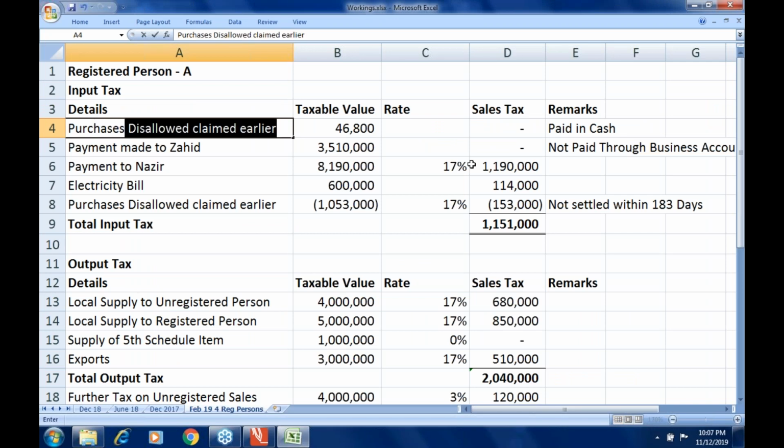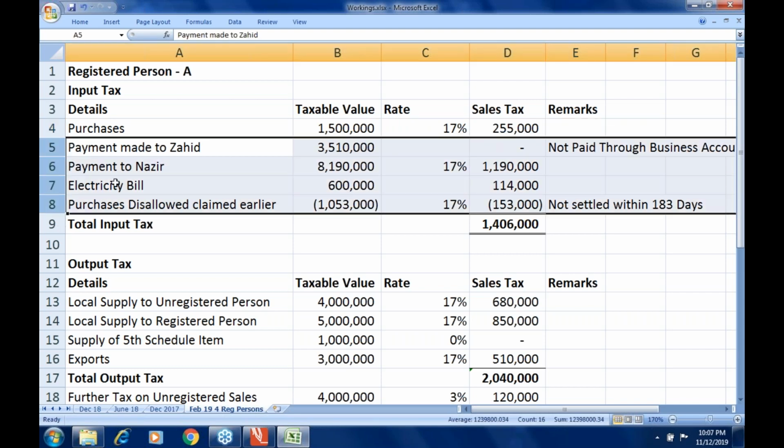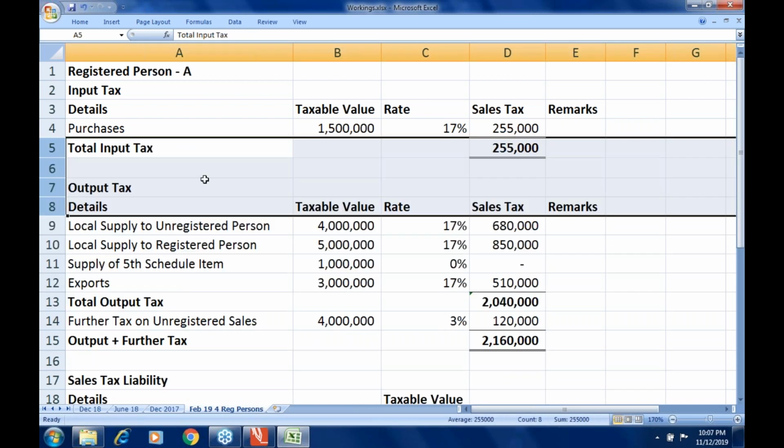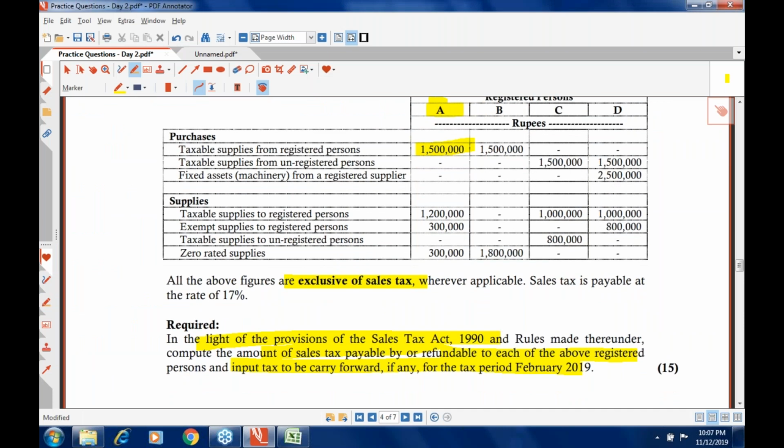So the purchases are 1.5 million. They are priced at 17%. And if they are of 17%, the total input tax turns out to be 255,000.